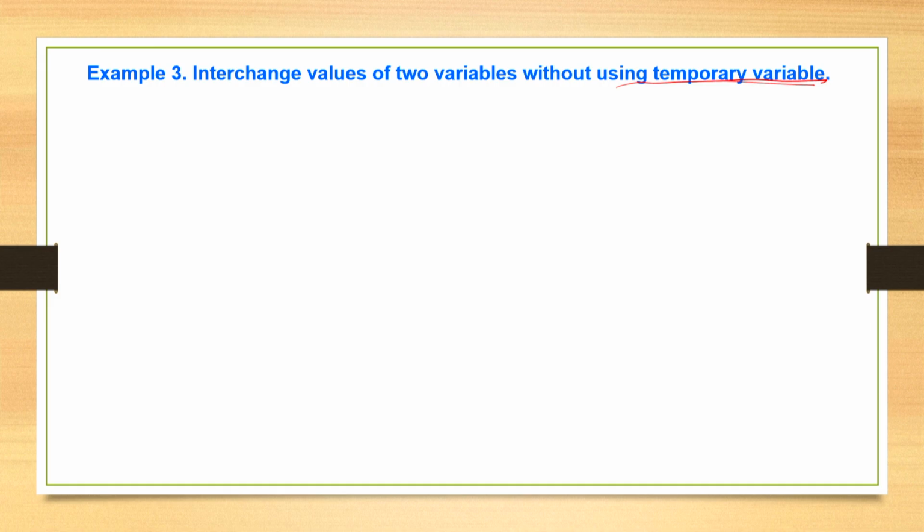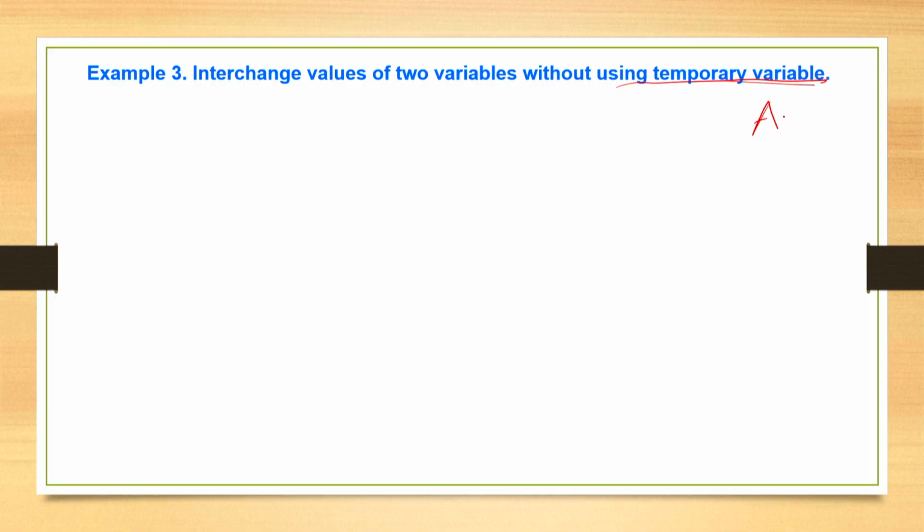So first we have to find out what the steps are, what logic is required to solve this. You read the two variables A and B and assign some values to them. Now you won't use a temporary variable here, but you have to swap, interchange these values. So how can it be done?